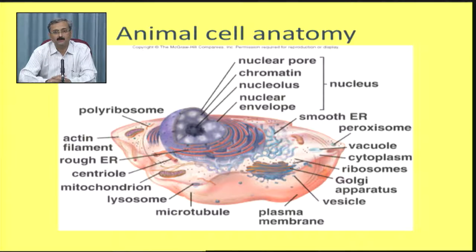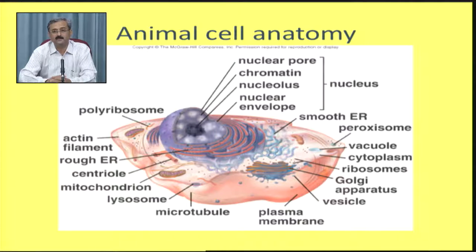If we talk about the endoplasmic reticulum, it has two types of parts: one is the smooth endoplasmic reticulum and the other is the rough endoplasmic reticulum. There are peroxisomes, there is the cytoplasm, there are ribosomes, which are the site for the synthesis of very important biomolecules, that is proteins and enzymes.